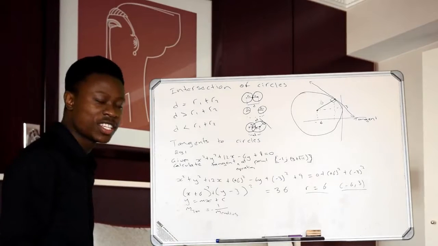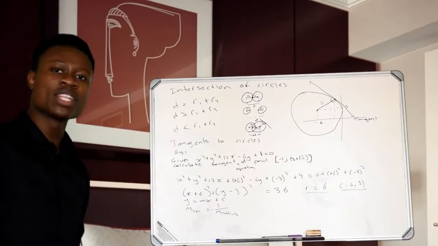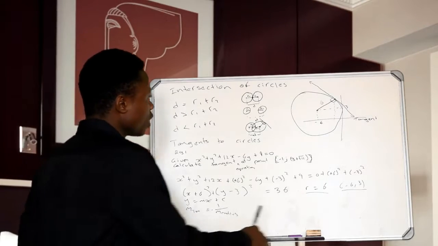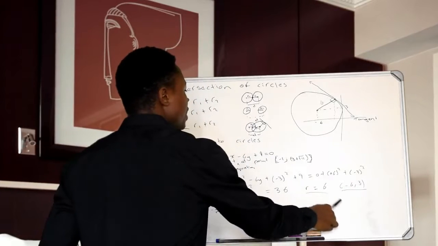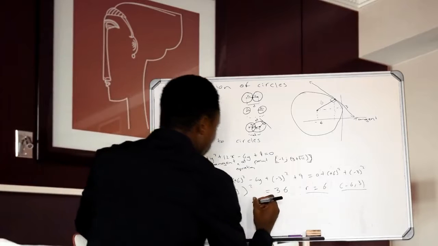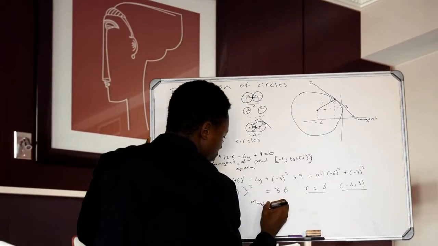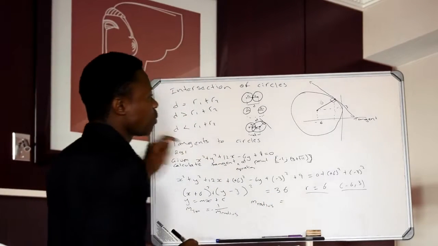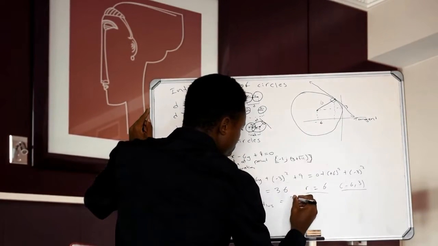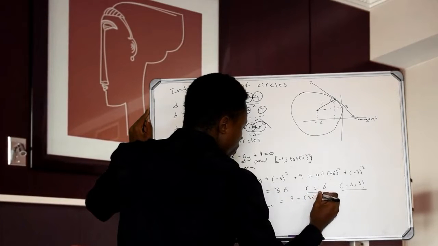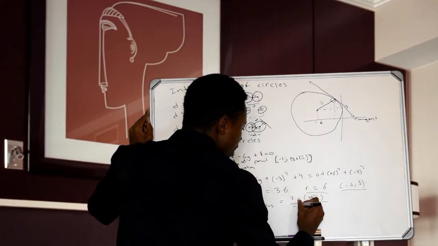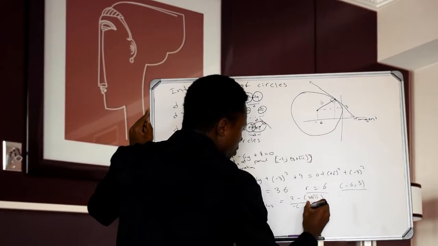So now what do I do with that information? I don't know what m tangent is, but can I find what the gradient of the radius is? Yes, I can, because I know the coordinate of the center. The coordinate of the center is -6 and 3. So let me find m radius first, which is equal to 3 minus (3 plus root 11), divided by -6, minus becomes +1.